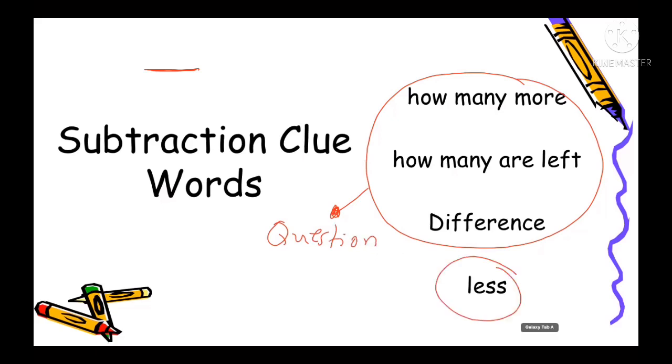But for less, you can see this one not in the question, but rather in another part of the problem, maybe at the middle. So both addition and subtraction have one word that is not part of the question. That is more for addition, less for subtraction.